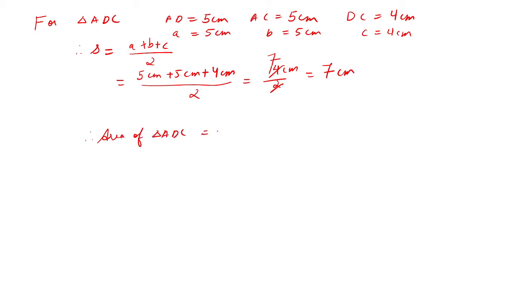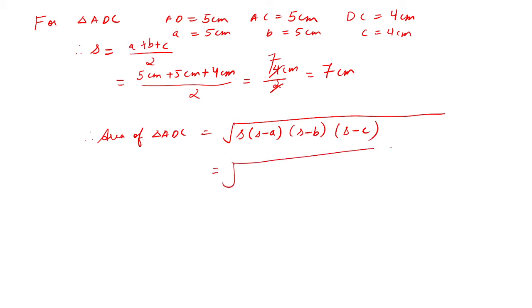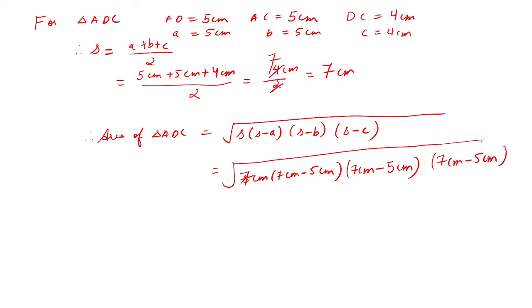Therefore area of triangle ADC is, okay, use Heron's formula. What is it? Root of S(S minus A)(S minus B)(S minus C). Okay, now you find out this. What do you get? S, what is S? 7 centimeter. 7 centimeter minus 5 centimeter, 7 centimeter minus 5 centimeter, and finally 7 centimeter minus 4 centimeter, sorry, this is 4 centimeter.